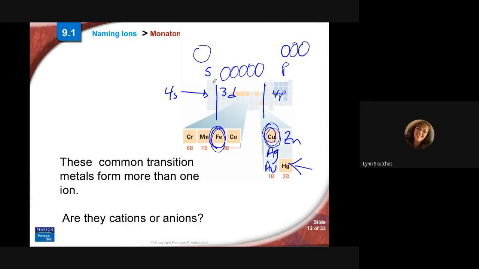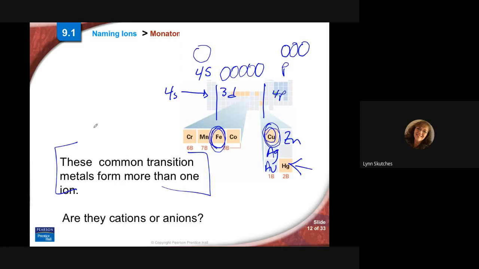Remember that the 4S fills before the 3D. Turns out weird stuff goes on. Remember, electrons aren't stationary. You're going to put little dots on your organizer today, but electrons move around. Even if they're in that orbital, they're only there 90% of the time. That's the probability thing we talked about ages ago.